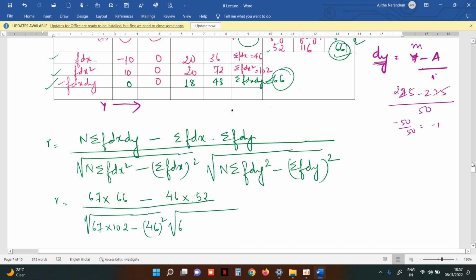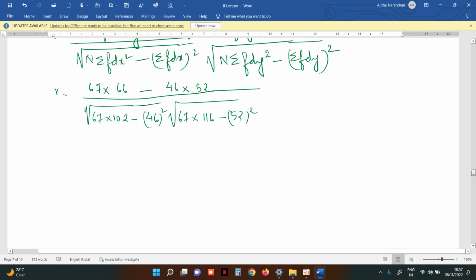Then 67 into f dy square is 116, this value, okay, minus f dy is 52 whole square. Okay, we can solve the sum now.